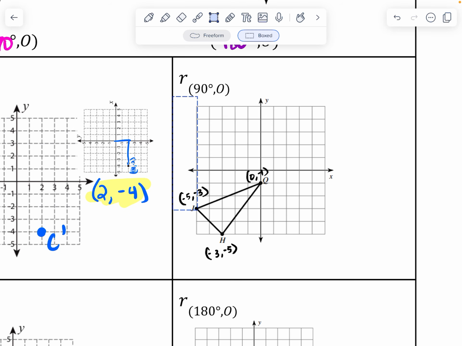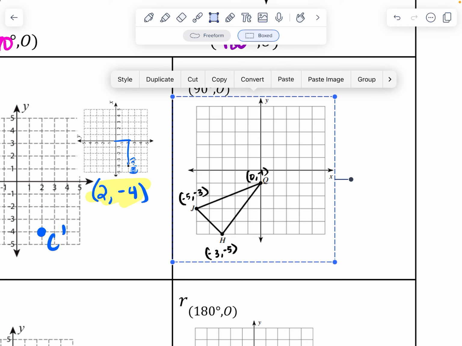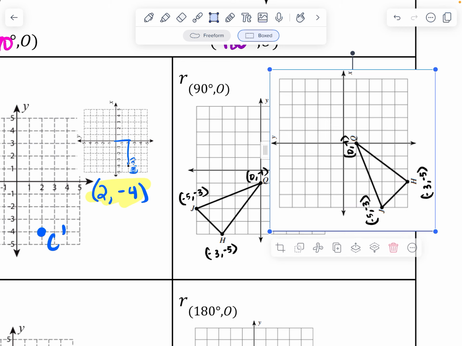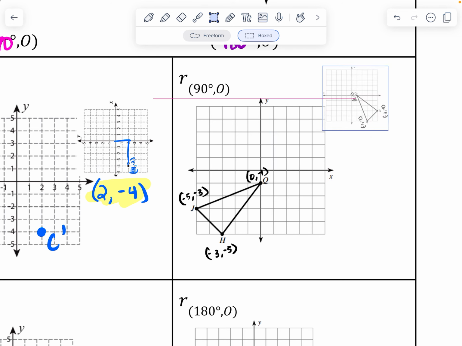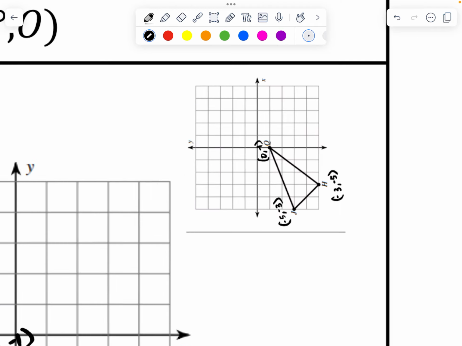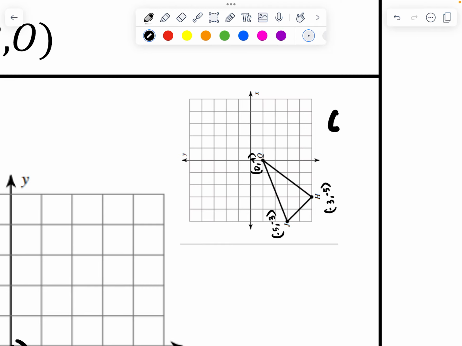Again, you can just kind of pretend like you know what you're doing, but I think it is the absolute easiest to physically rotate this guy and come up with the new points. So write them down somewhere when you are physically rotating it. So my Q prime is going to be at 1, 0.